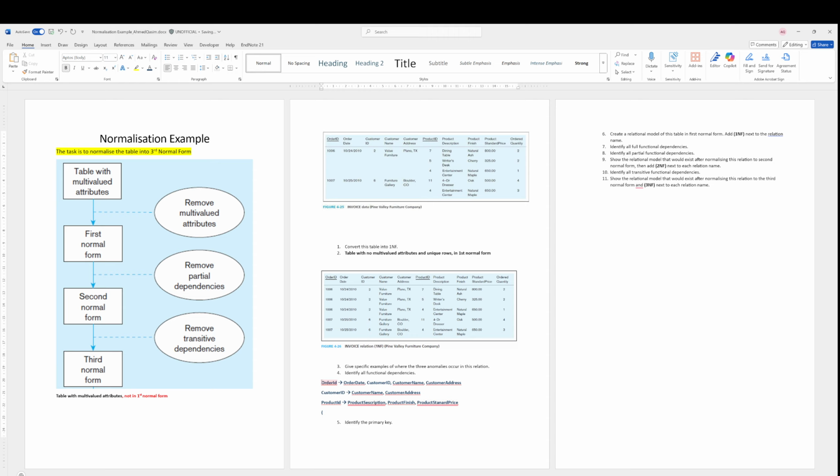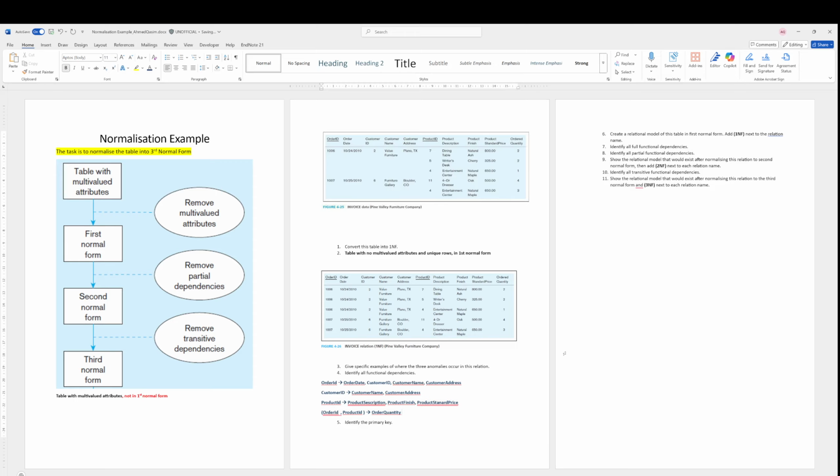The order ID and the product ID are both going to determine the order quantity. Alright, so now I have identified all the functional dependencies.